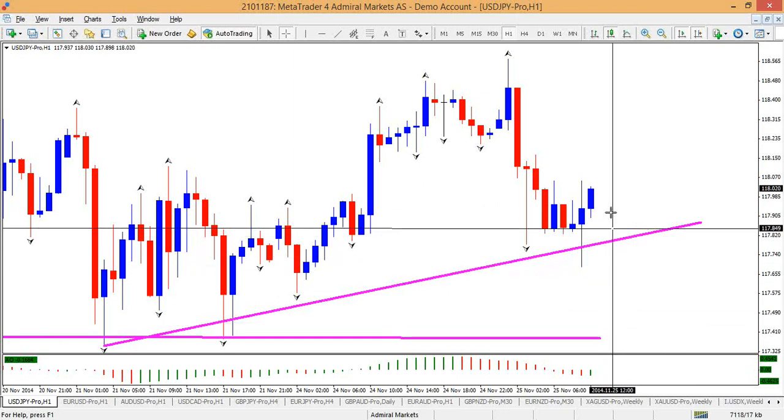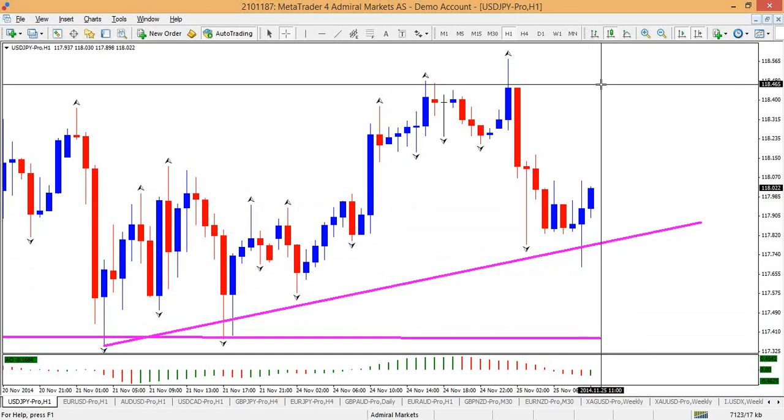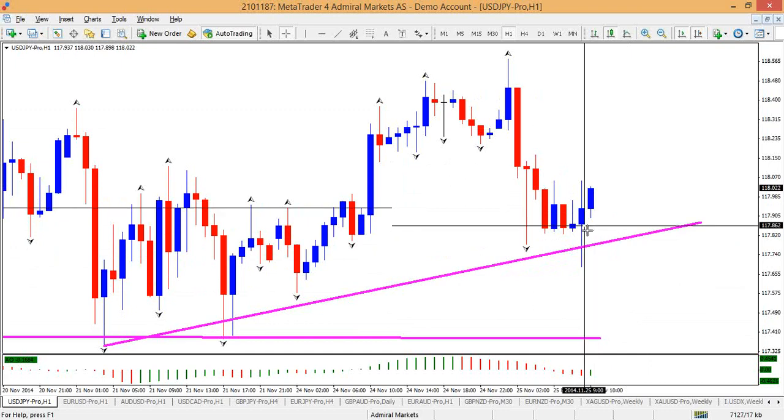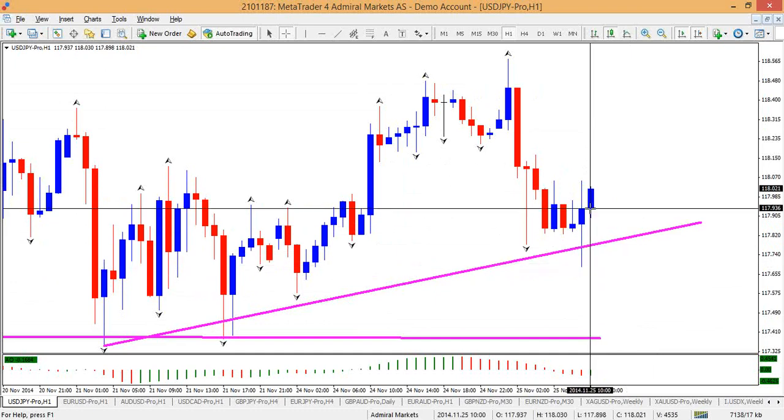Stop loss at 117.45-ish with a target of 119.40. A tighter stop loss could be 117.57. Medium is 117.40-ish, 45-ish, and the looser one is 117.30-ish.